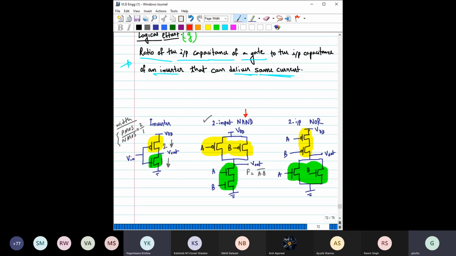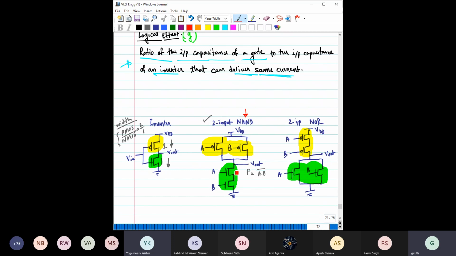Wn equal to 2Wp, yes, but let us focus only on Wn. What would be the Wn value? It will be halved? Are you sure? Twice. Sorry, sir, twice, right?